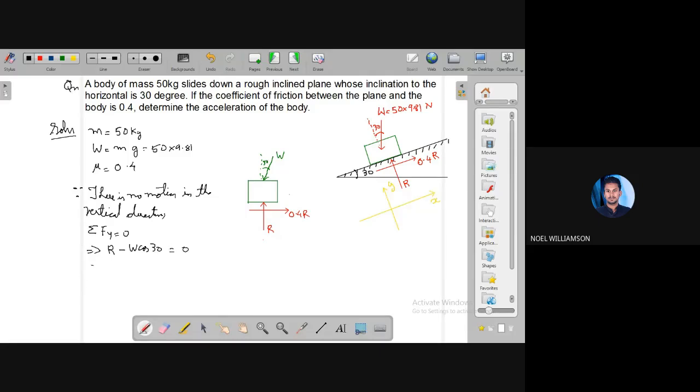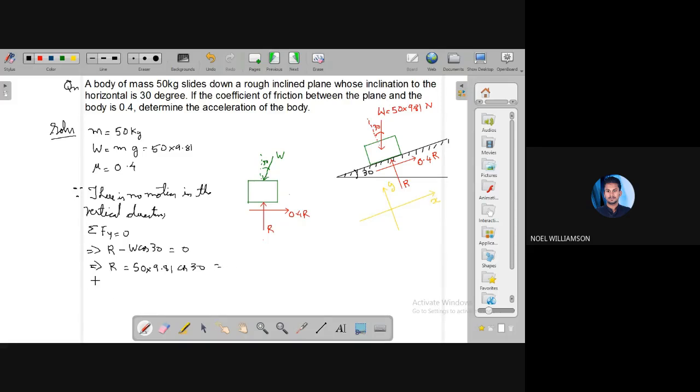Or R equals, instead of W we can say 50 into 9.81 cos 30. Now here we will get an answer.